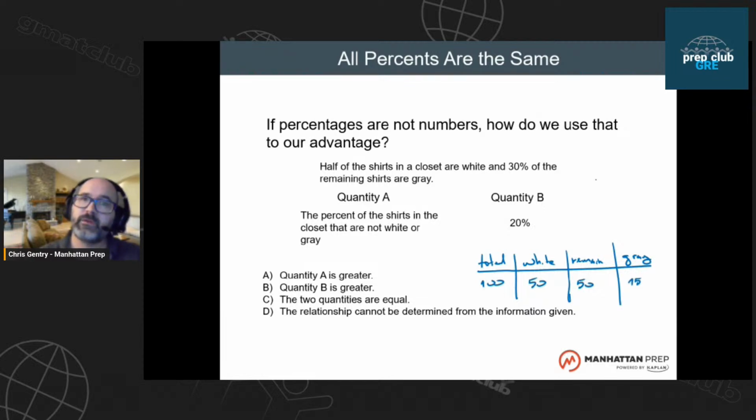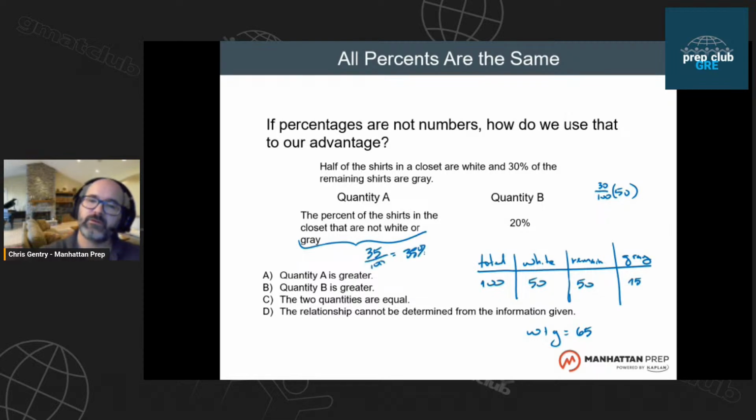If you wanted, you could set that up as 30 over 100 times 50, and do all your cancellations to get 15. So my white plus gray shirts is 65 total shirts. The percent that are not white or gray would be the remainder: 35 out of the 100 shirts, which is 35%. Choice A is larger. If percentages are not numbers, we have the opportunity to choose the numbers that we want.